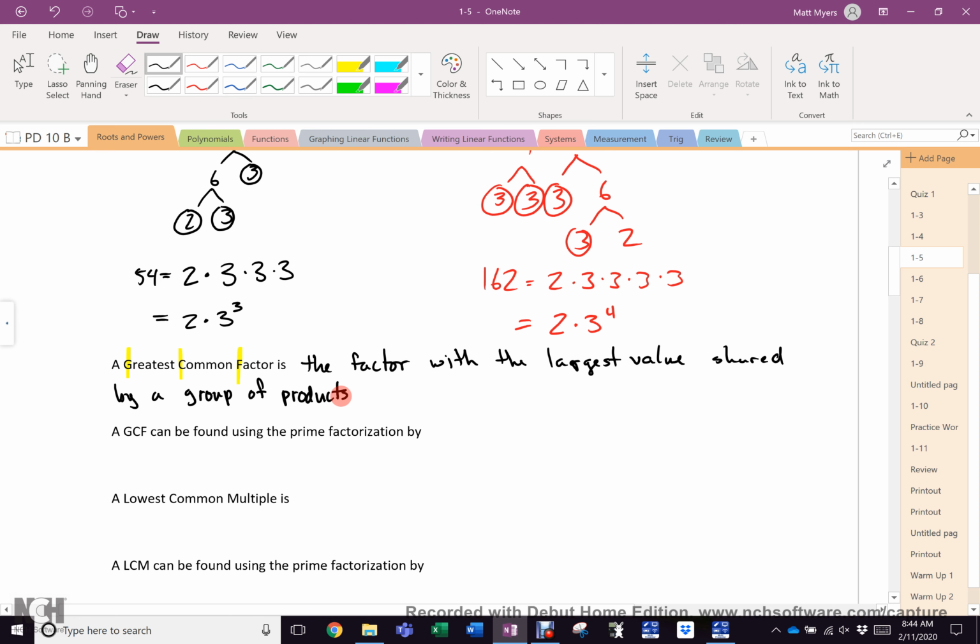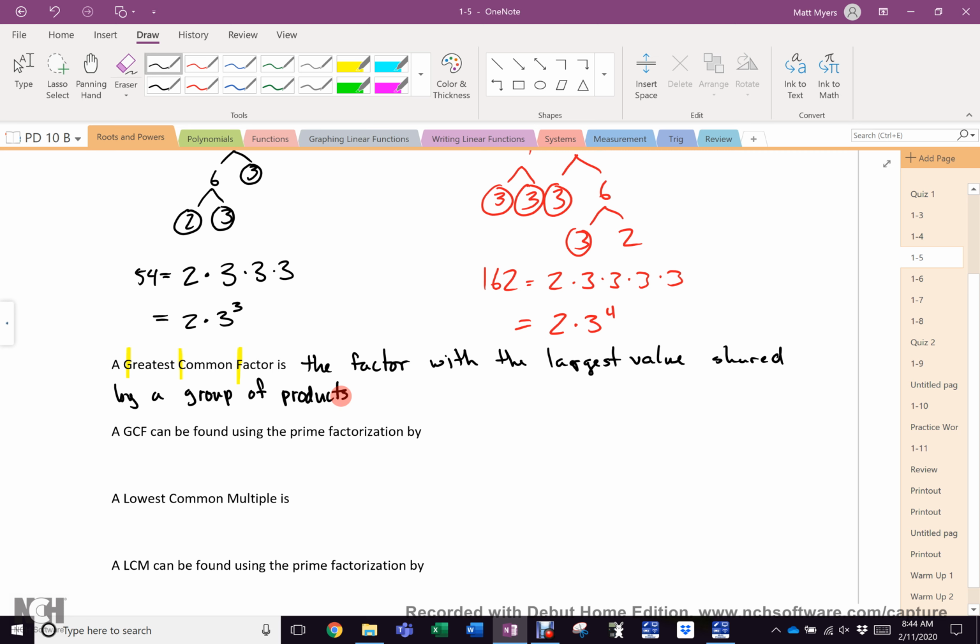Okay? Pretty easy. 54 and 162 are obviously numbers that are products of other numbers. They have factors. Whatever factor is shared by them, that is the largest, is their greatest common factor. Okay? The smallest it can be is 1.